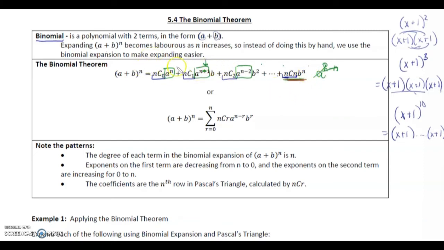Now, patterning with the b's. In the first term, we start with b to the 0, which cancels to 1, so there's no b variable in the first term. Then it's b to the 1, b squared, b cubed, b to the 4, b to the 5, b to the 6, all the way up to b to the n.